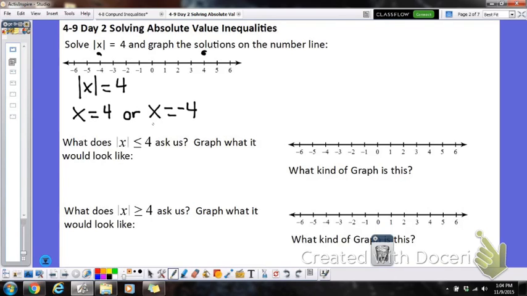So with that in mind, we're going to ask the question, what does the absolute value of x is less than or equal to 4 ask us? And we're going to graph what it will look like.